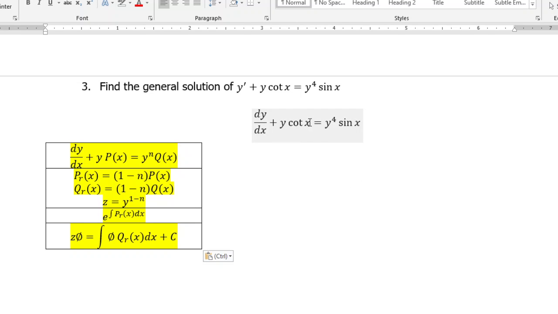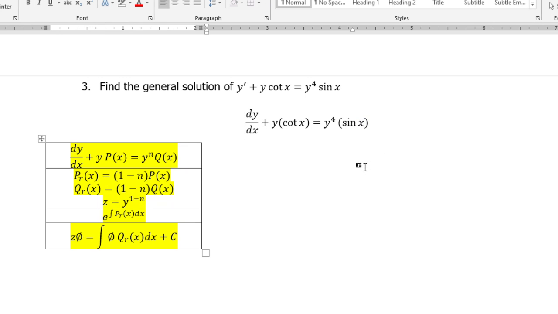Okay? So, y times cube x, pwede natin lagyan ng parenthesis to. And then, y to the n cube x. Okay. So, yan yung general form niya.